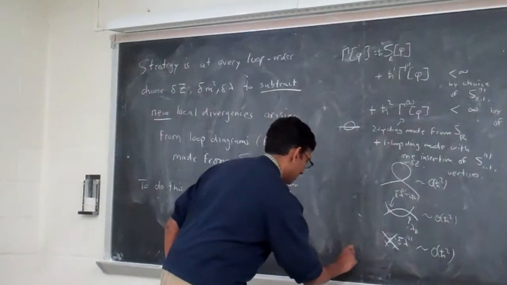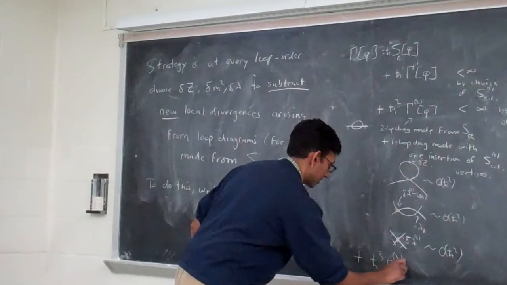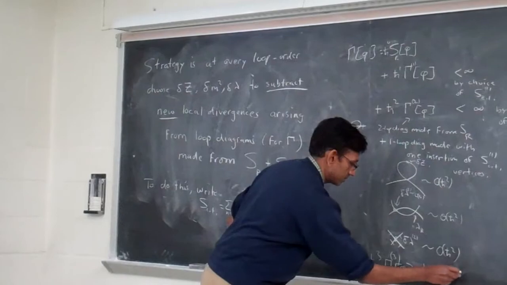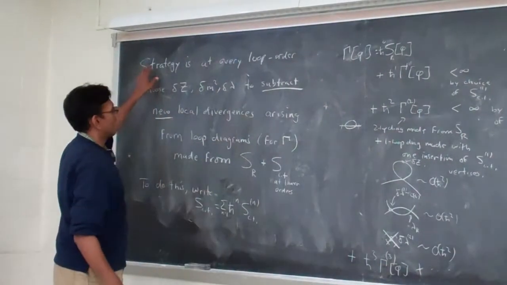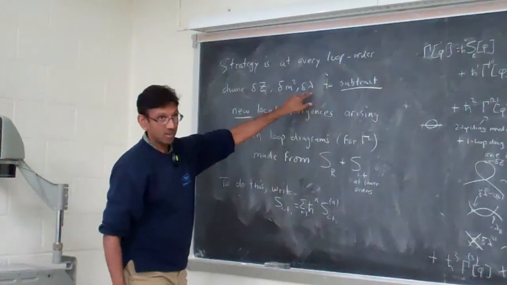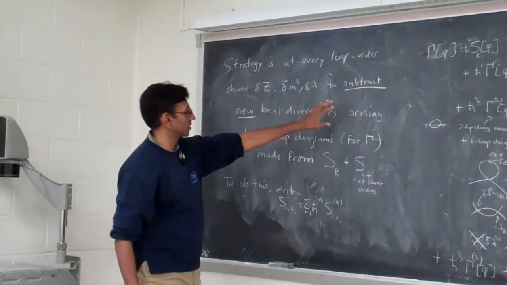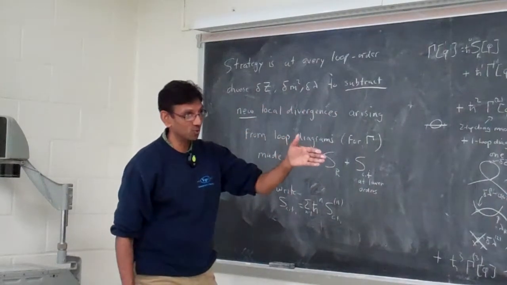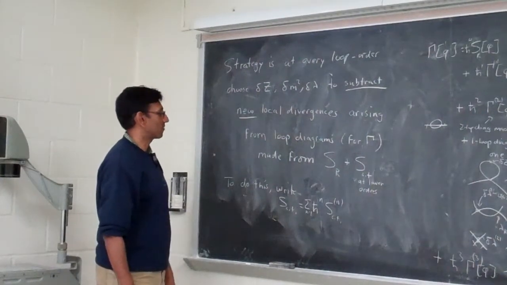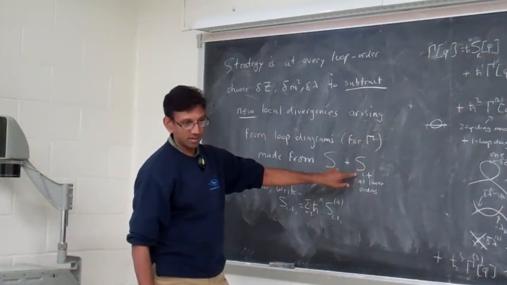And so on. Every loop order will choose the delta z at that loop order to subtract off any new local divergences arising at that new loop order, made from diagrams out of this and any lower order counterterms.